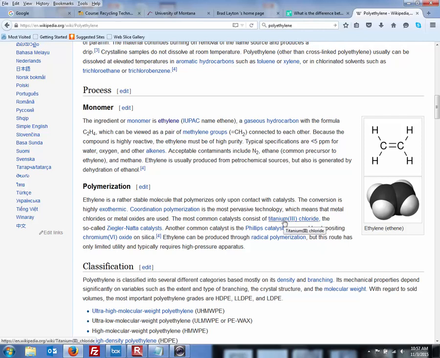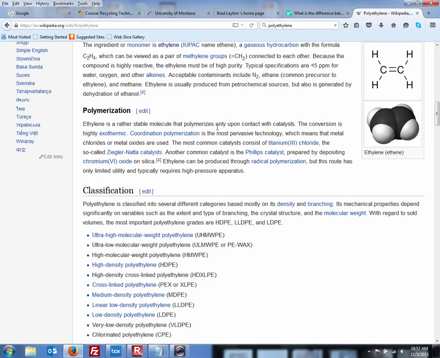Anytime you've got titanium chloride, et cetera, et cetera. There's chromium involved. So once you've done the polymerization with these various steps, now we're looking at density and branching.